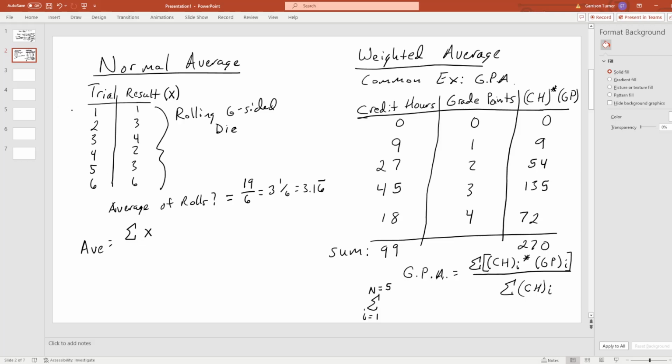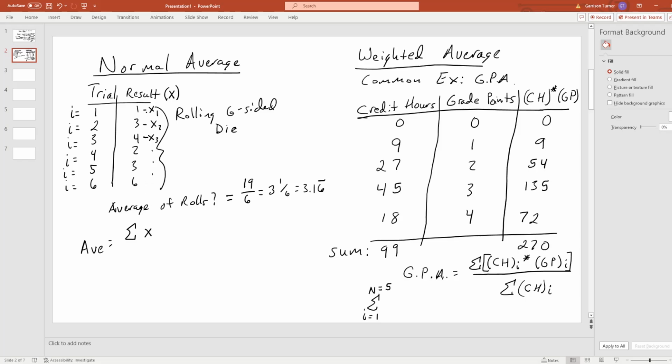And I'm going to let my trials be denoted by an index i. So each trial is a new index of i. This would be x sub 1. This is x sub 2. This is x sub 3, and so on.